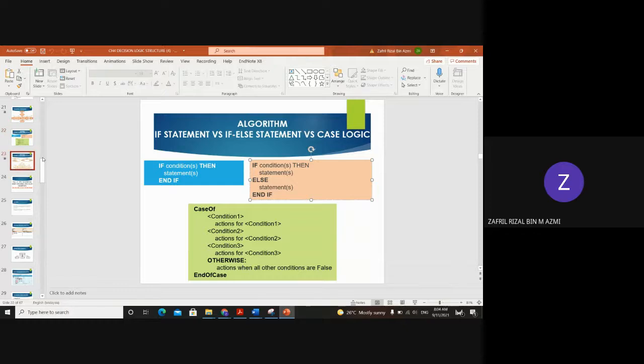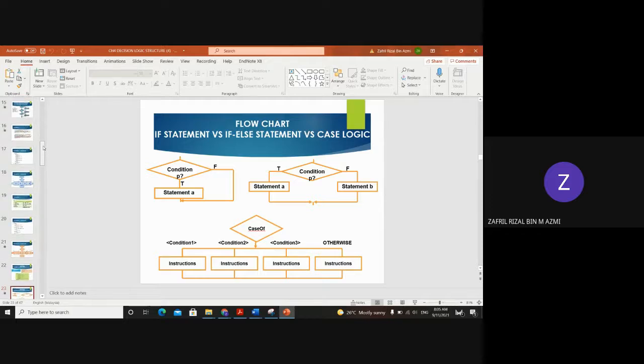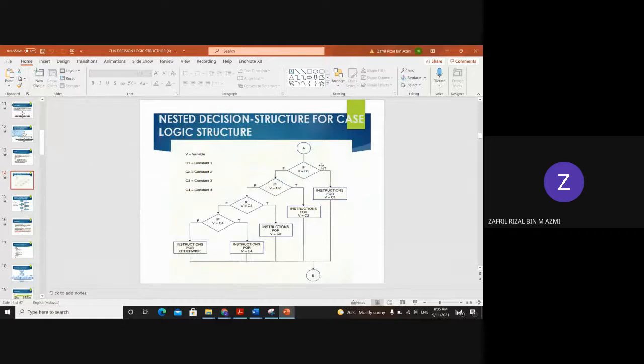Alright. So we also looked at the multi-selection, where we use more than one diamond symbol. For example, like this one, this is multi-selection. This one has 1, 2, 3, 4 decisions, and the last one belongs to else.